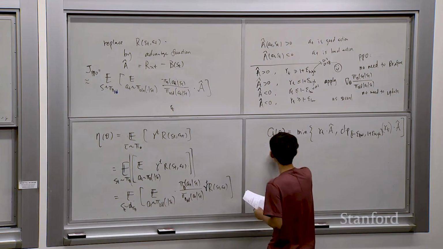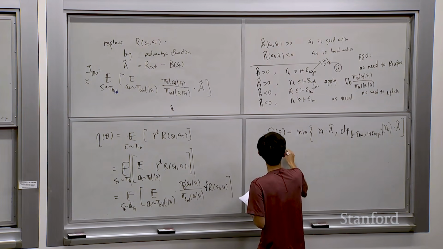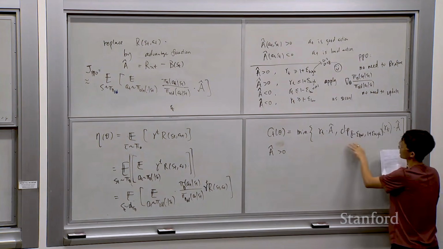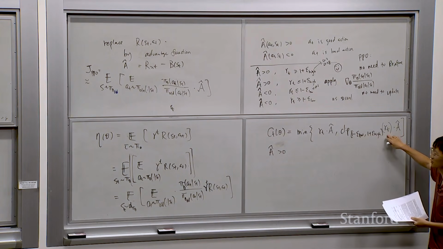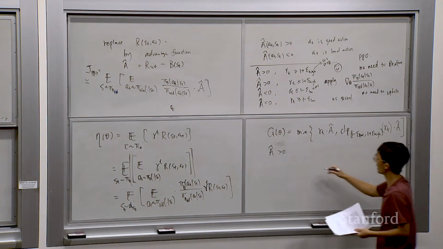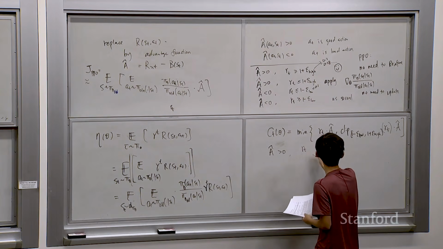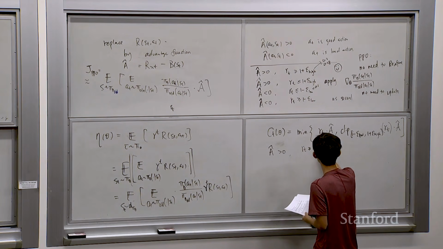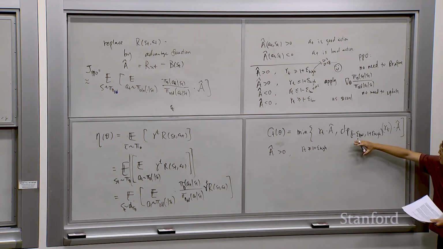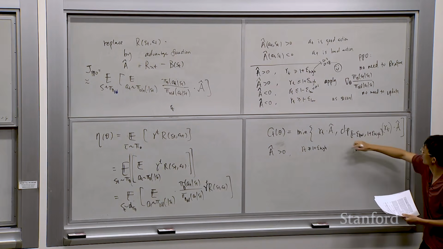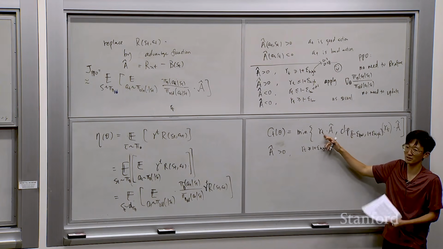If A hat is bigger than 0, then all of these terms are positive. Then it depends on which regime you are in with this RT. If A hat is bigger than 0 and RT is, say, bigger than 1 plus epsilon high, then you are taking this part, because RT is big. Let's say RT is 10.